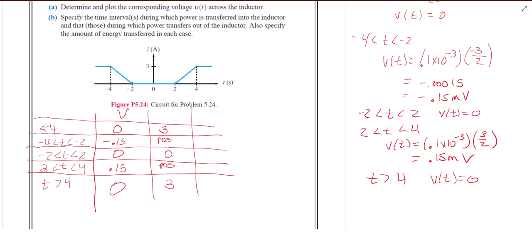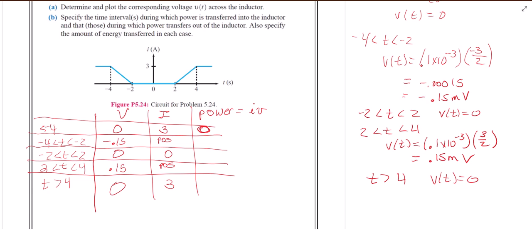Now it's asking for power, so power equals i times v. And we want to find out if power is transferred into the inductor or out of the inductor. So we want to know, is power absorbed or supplied? Or is it positive or is it negative? Well, for t less than -4, it's 0.